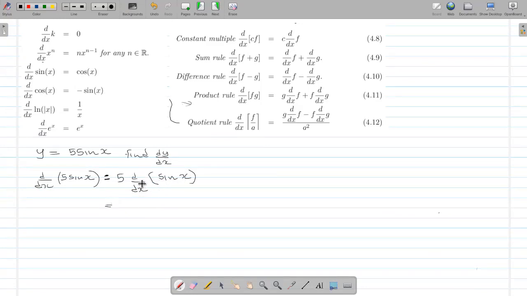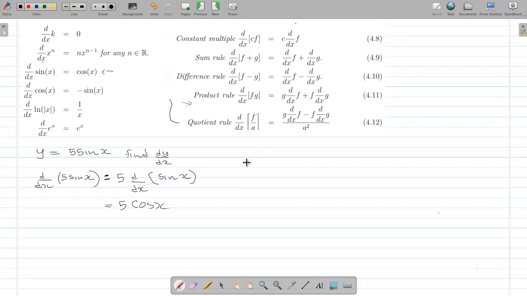Now I pull out the constant using this first rule. Now that derivative is listed on this side. The derivative of sin x is listed here, cos x. So at this point I differentiate. When I differentiate, the derivative sign goes away. No, first I just rearranged it using this rule. I didn't differentiate. Okay, so when I differentiate this one using this rule, I get cos x. So the derivative of 5 sin x is 5 cos x. This is the final answer.